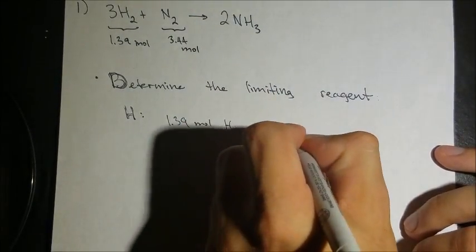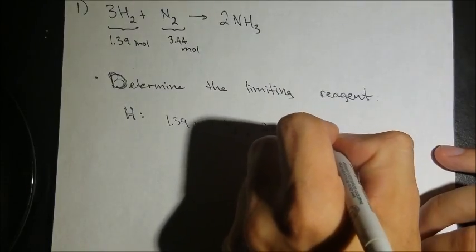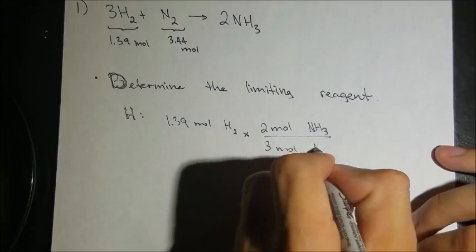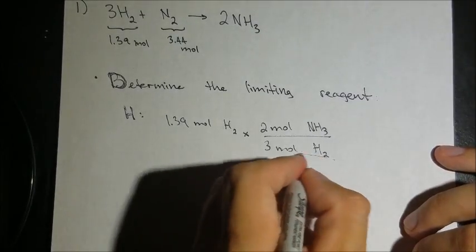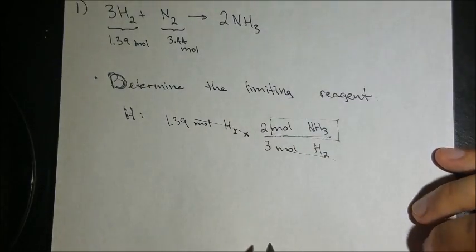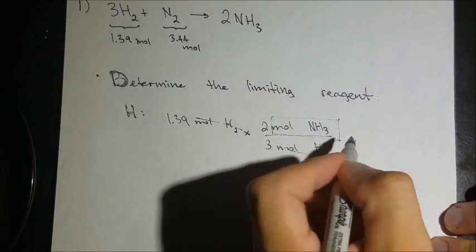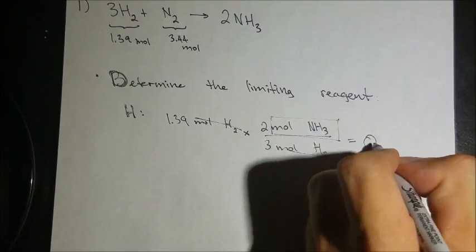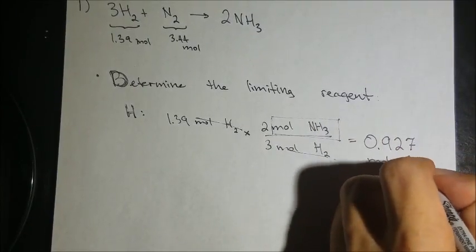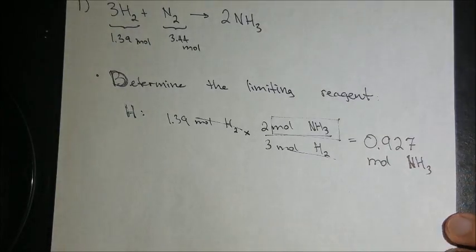So we have 2 moles of ammonia that are produced when 3 moles of hydrogen are consumed. Moles of hydrogen cancel, and now we're in moles of ammonia. And what does this give us? It gives us 0.927 moles of ammonia.